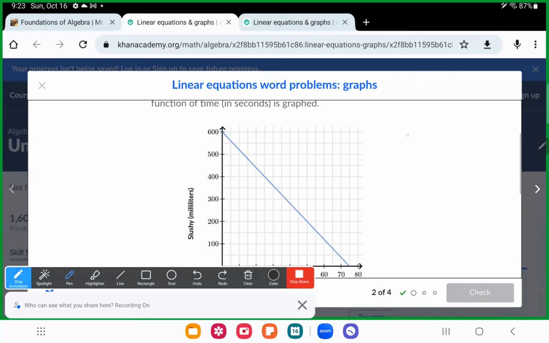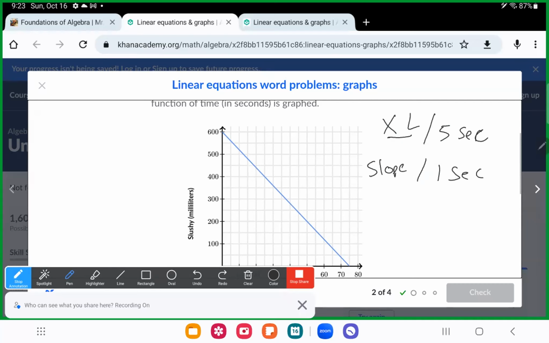We want the amount per 5 seconds, right? And the slope is the amount per 1 second.